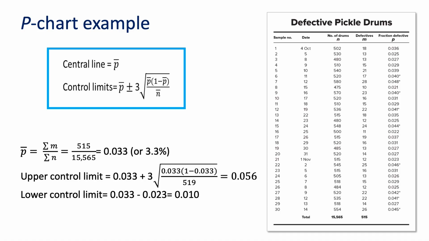For this particular example, the P-bar is 3.3% and the N-bar is 519. We build the chart. P-bar will be the center line. To calculate the upper control limit and lower control limit, we will follow the equation listed in the blue box. After calculation, we see that the upper control limit is 0.056 and the lower control limit is 0.01.